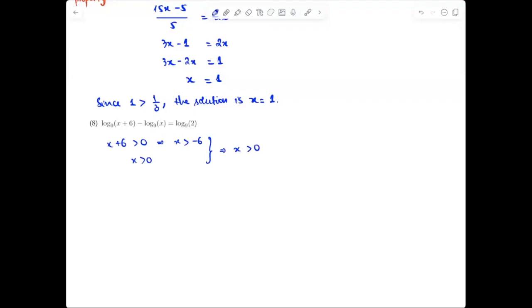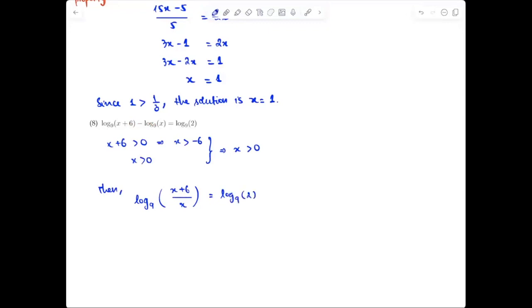After finding the domain, what you do is you manipulate the left-hand side of the equation to combine the two logs together using the quotient rule. So here I get that log base 9 of x plus 6 over x equal to log base 9 of 2.